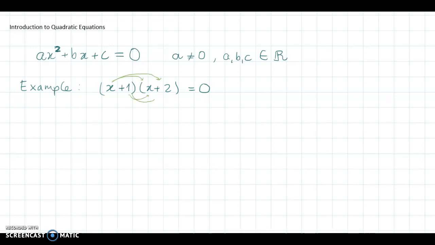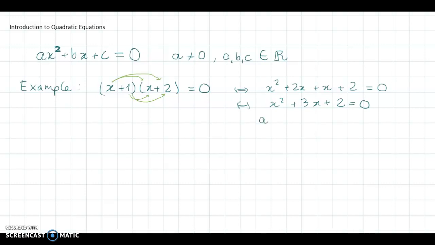We need to multiply all terms from the first bracket against all terms from the second bracket, and then we get that an equivalent way of writing this is x squared plus 2x plus x plus 2 is equal to 0. So this can be written as x squared plus 3x plus 2 is equal to 0. So we did manage to write it in the form we wanted.